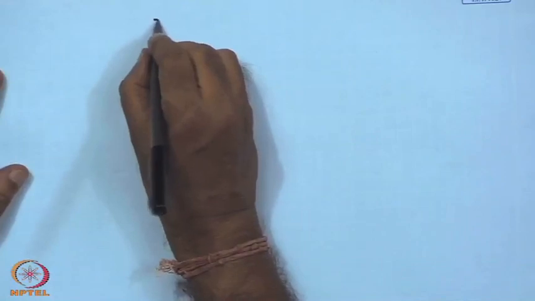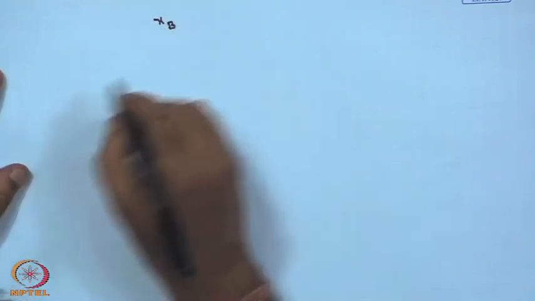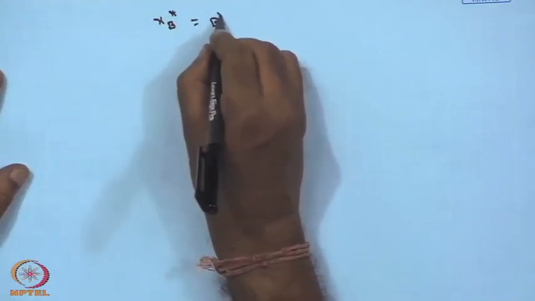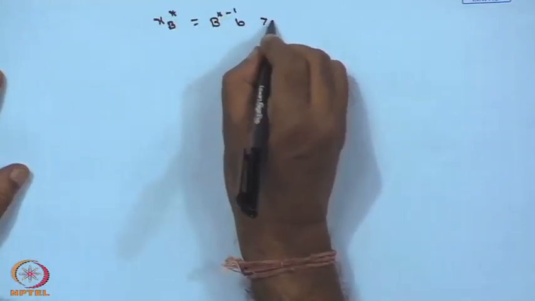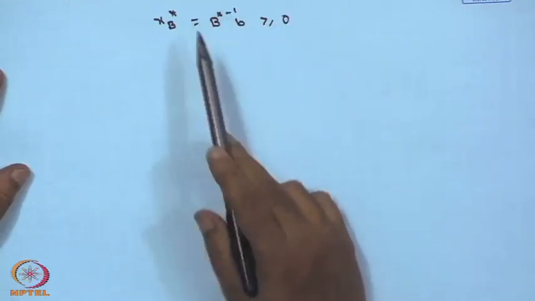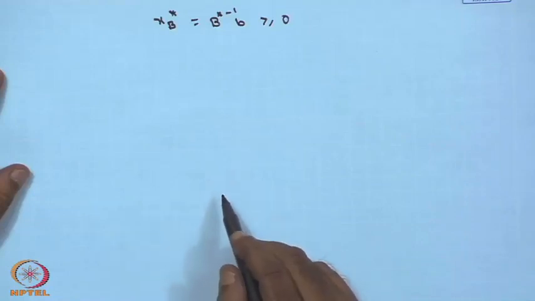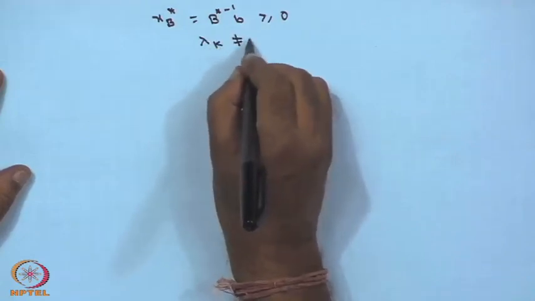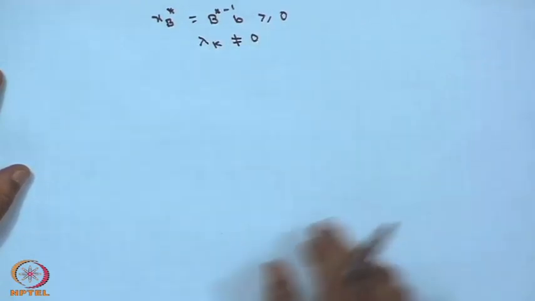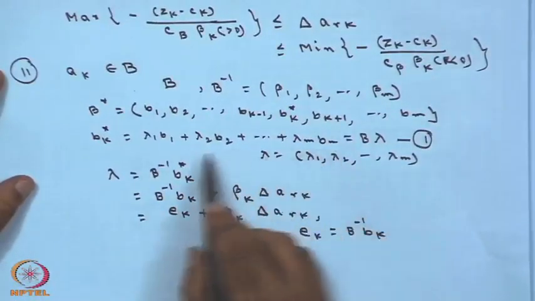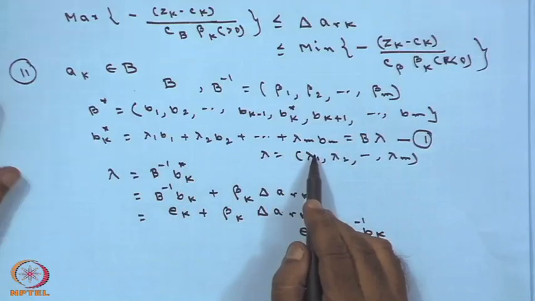So, for feasibility what happens? Let us first check the feasibility. For feasibility x b star, that is b star inverse b, this should be greater than or equal to 0. So, b star inverse will exist if b star is non-singular, and b star non-singular means your lambda k should be not equal to 0. So, you are writing b k star equals lambda 1 b 1 plus lambda 2 b 2 plus lambda m b m.